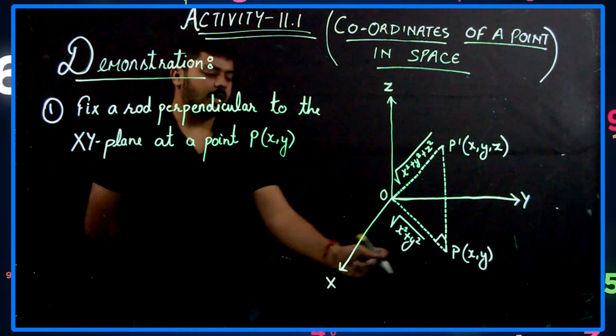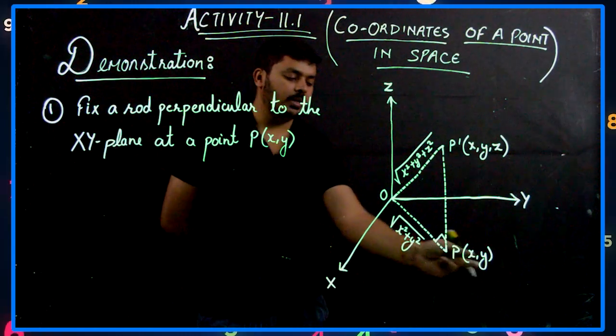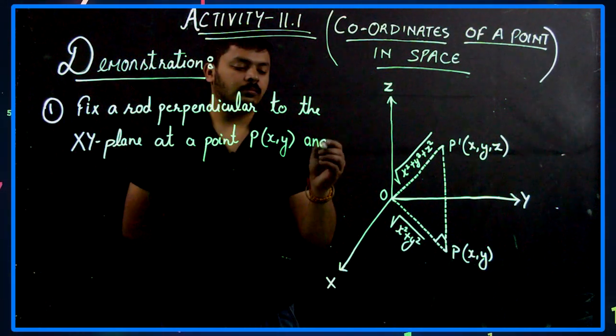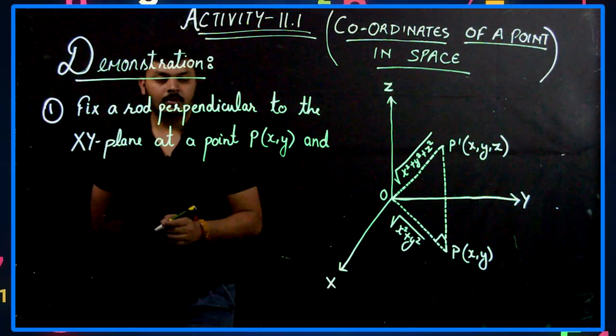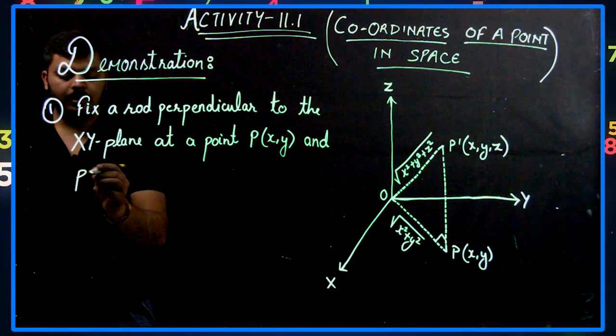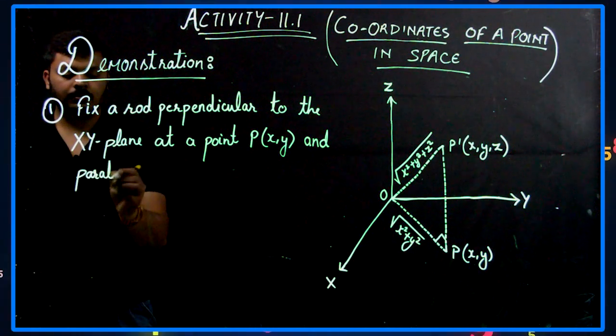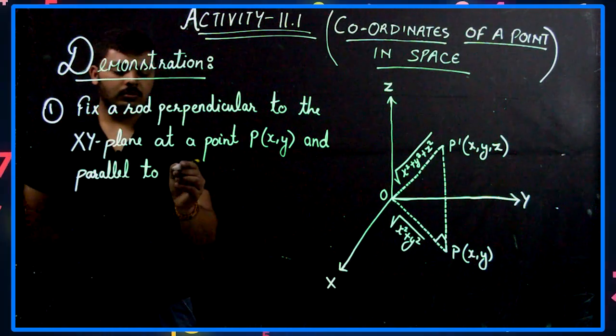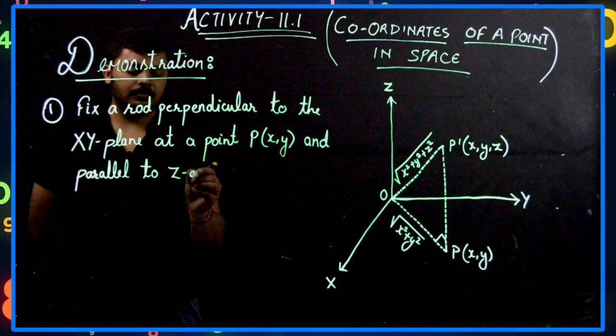That is, in the XY plane, x and y are the coordinates of the point P. And the rod should be parallel to the z-axis.